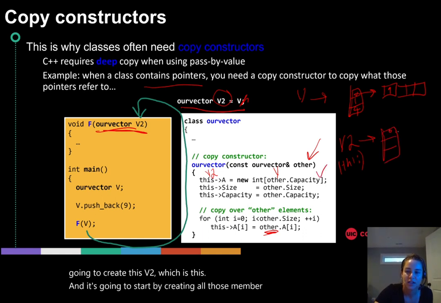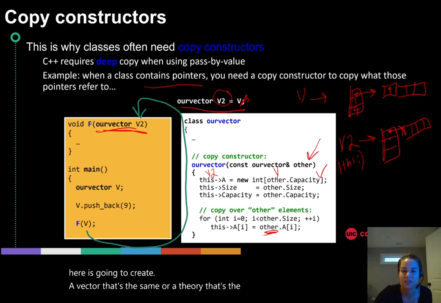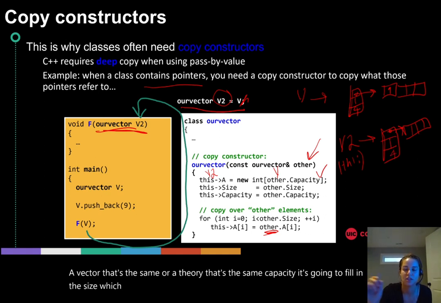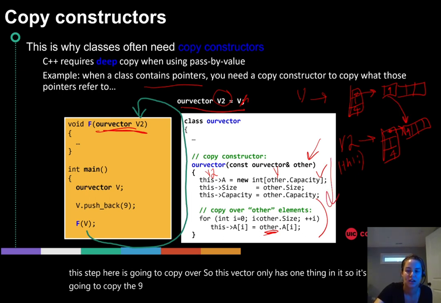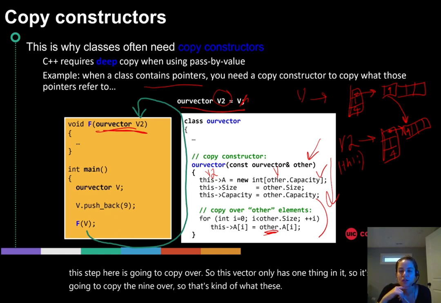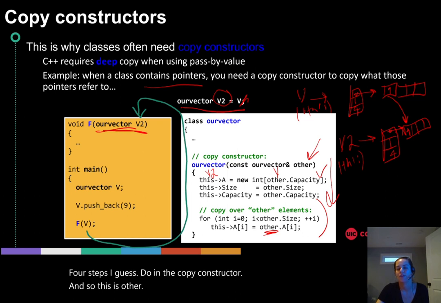This first line here is going to create a C array that's the same capacity. It's going to fill in the size, which is 1, and then fill in the capacity, which is 4. And then this step here is going to copy over. This vector only has one thing in it, so it's going to copy the 9 over. So that's kind of what these 4 steps do in the copy constructor. And so this is other in there. So that's what the copy constructor looks like in memory.